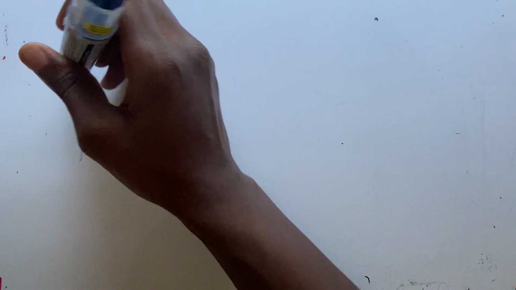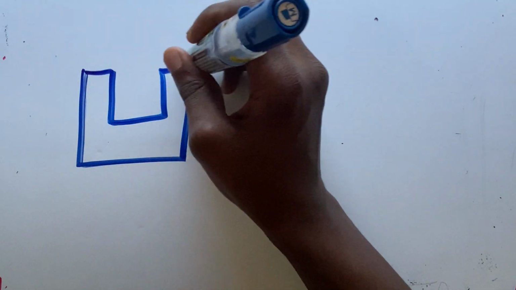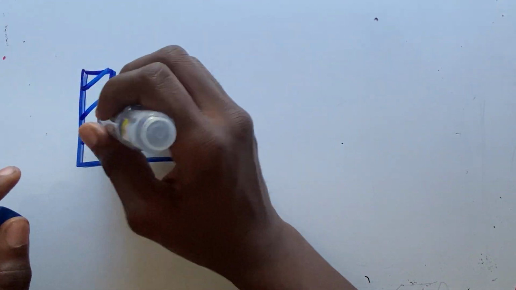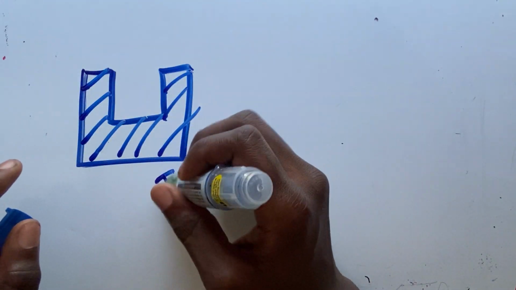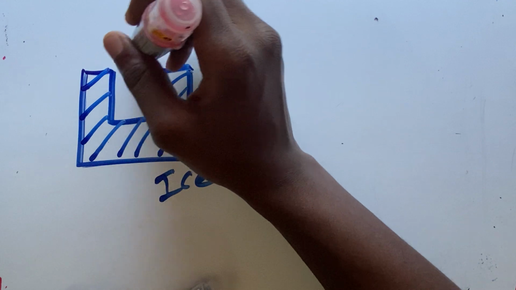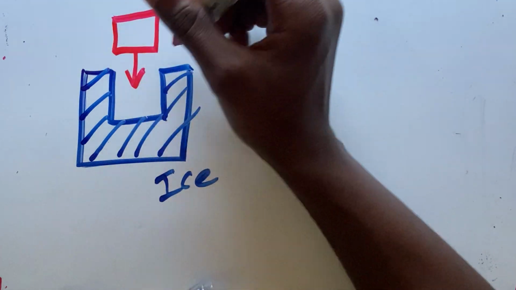Okay. So first, let me kind of draw out the picture here. I'm guessing it's something like this. We have something like that. This is basically ice. And we dropped in a 70-gram chunk of iron. I'll make it a square so it's the perfect size. Drop that in there.